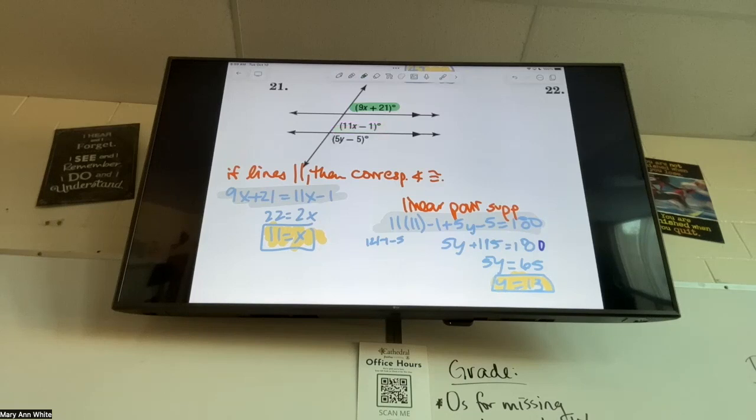You can see that 5y minus 5 is a consecutive exterior angle with 9x plus 21. Or you could instead do a linear pair, which is what I did. 11x minus 1 and 5y minus 5 are a linear pair. Either way is fine, but again, I needed to have found one of my variables in order to plug in and solve for the other one.